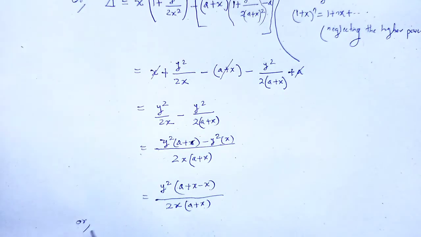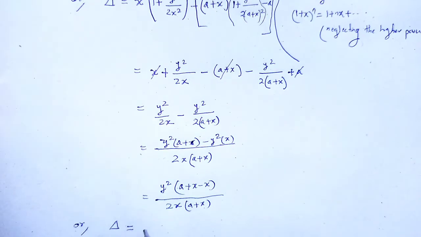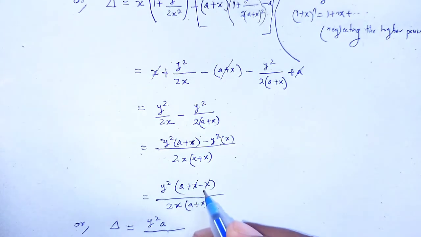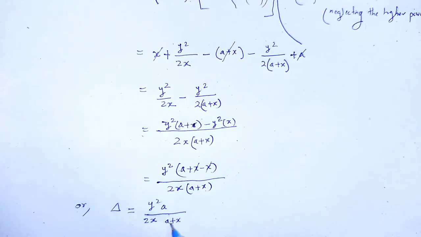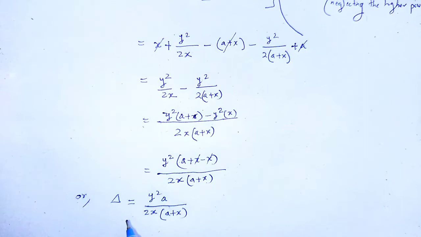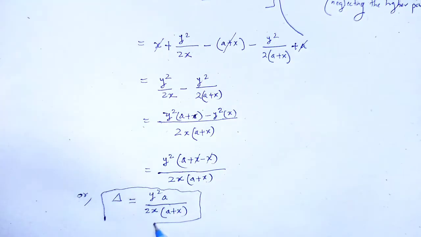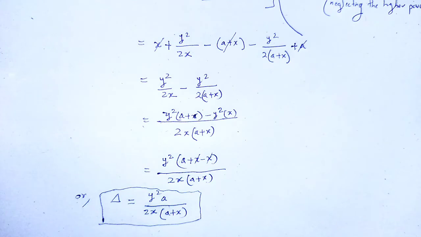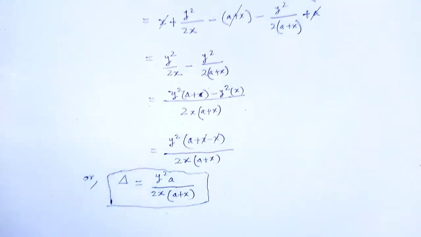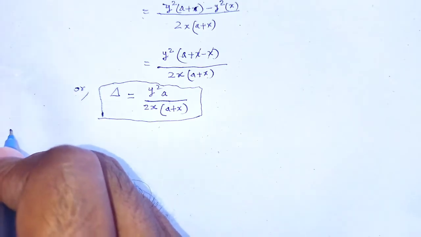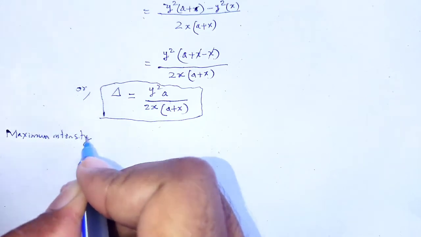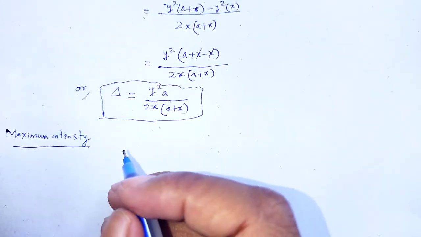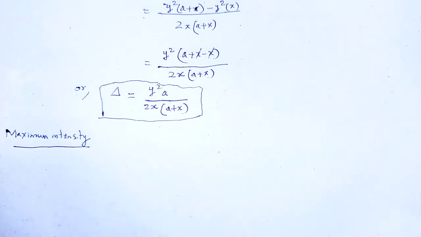Or the path difference delta is equal to y square a divided by 2x times a plus x. That will be the expression for path difference. Now the condition for maximum intensity and the condition for minimum intensity we have to calculate. For maximum intensity, the path difference should be an integral multiple of lambda by 2.